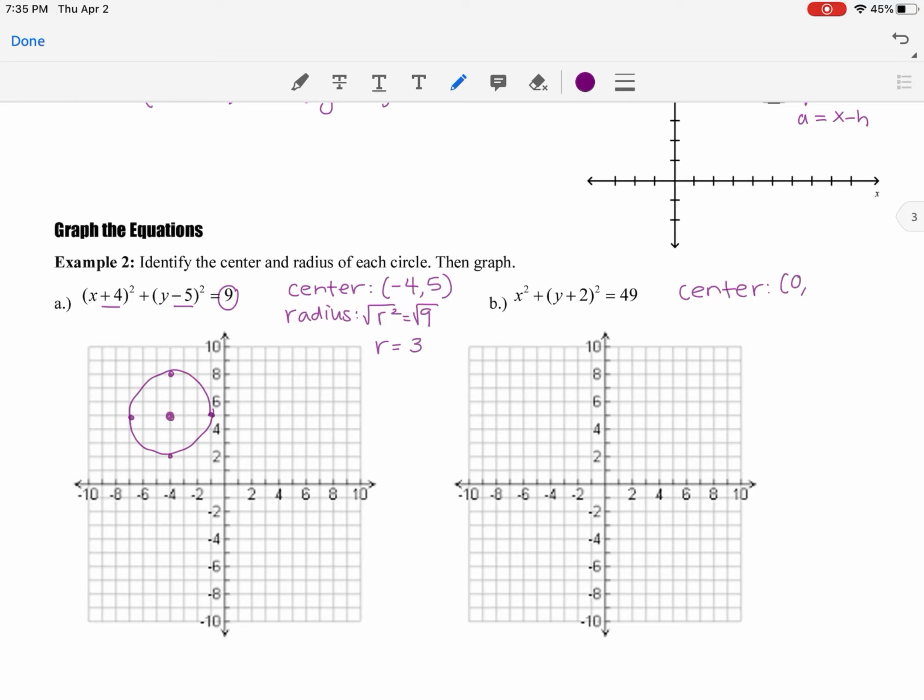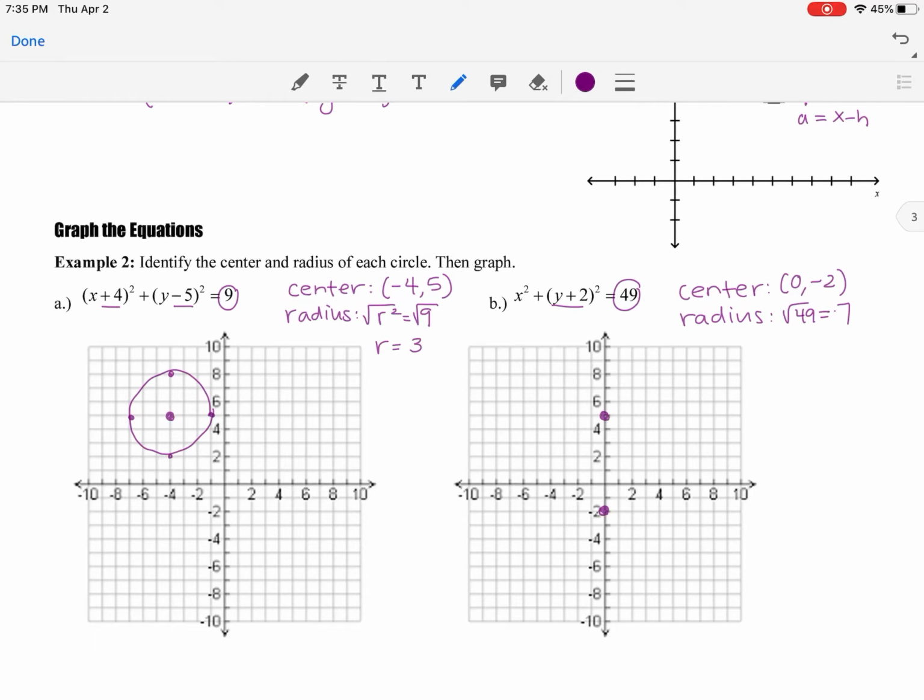In this case, there's nothing we're subtracting x from, so that's going to be a value of 0. But we've got y plus 2, so take the opposite of that, so -2 will be the y value of your center. For your radius, we've got 49 equals r squared, so to find the radius, remember you take the square root of 49, and we end up with 7.